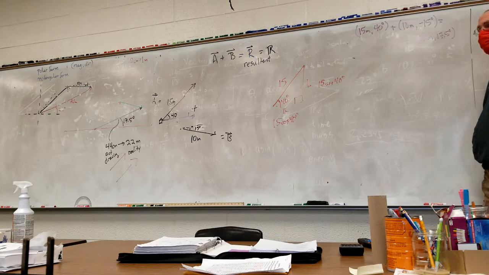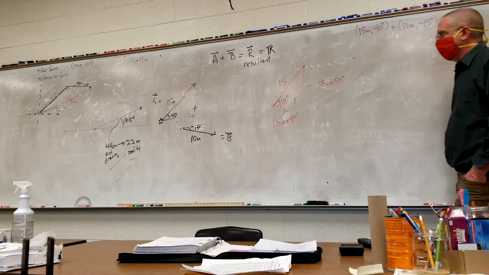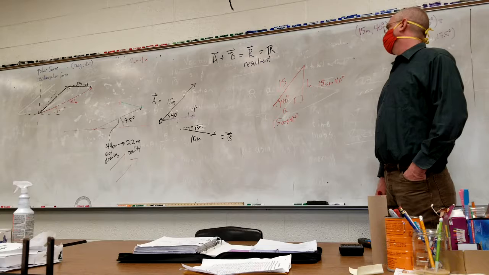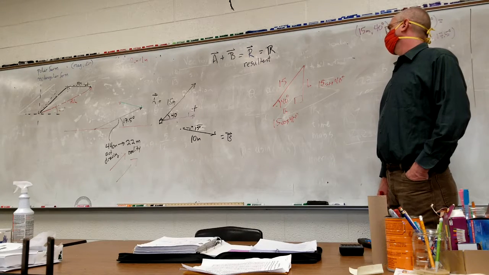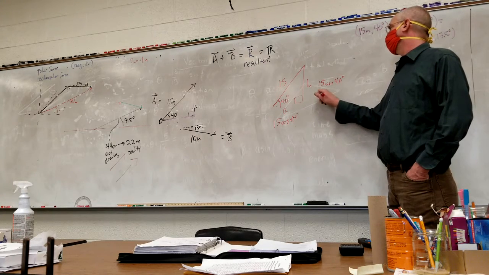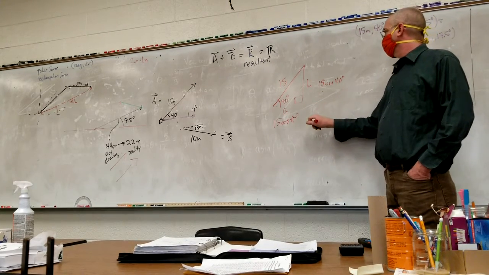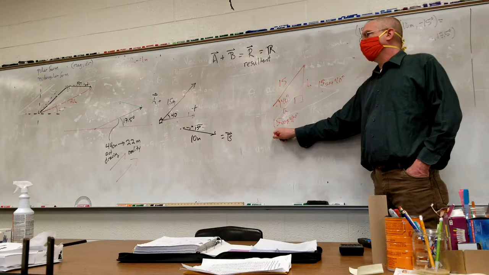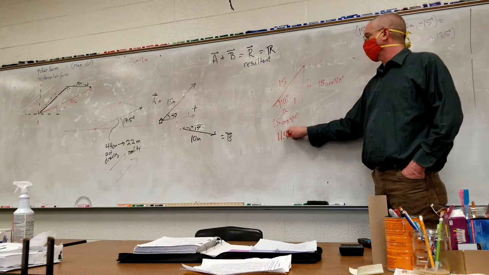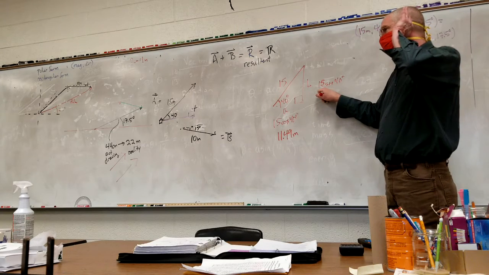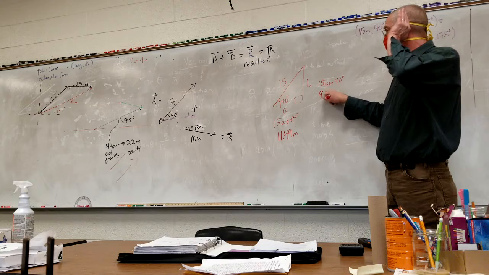Which are 11.49, for cosine? 11.49? Okay. And 9.64. One more time? 9.64. 9.64?